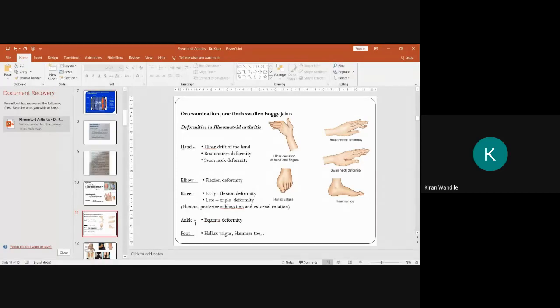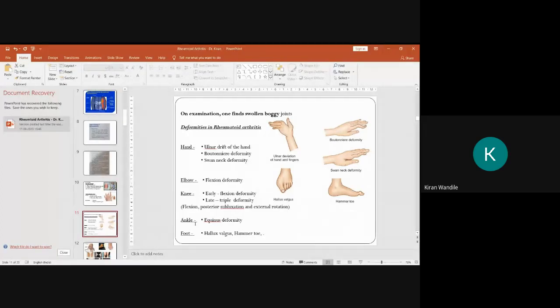So the long extensors are displaced into the ulnar valley in between the metacarpal heads on the ulnar aspect, and that is why there is an ulnar deviation of hand and fingers. Then other deformities, Boutonniere deformity, swan neck deformity. We'll discuss in detail about these two deformities and their management.